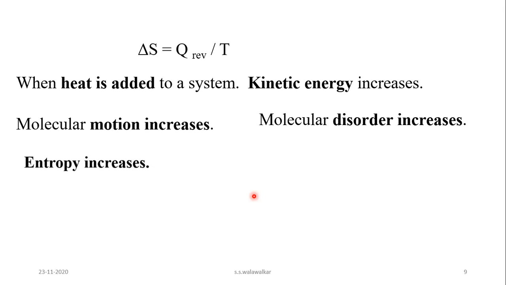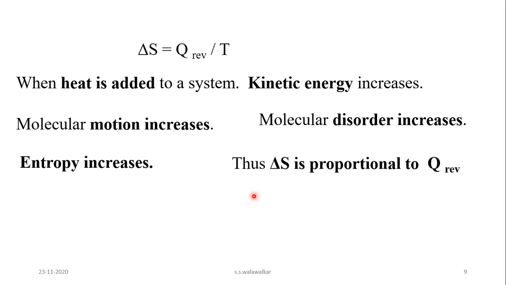And when molecular disorder increases, entropy also increases. So when heat is added to the system, the entropy of the system increases. Therefore, delta S is directly proportional to the heat added to the system in a reversible manner, Q reversible.